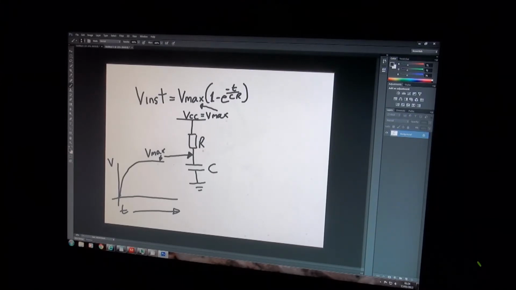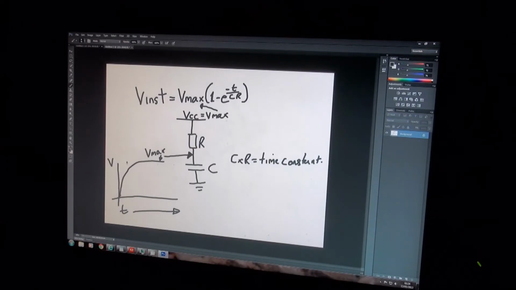In any circuit of this type, R and C form a relationship known as a time constant. C times R is equal to a time constant. And in our equation, it's this CR here which forms a part of the power to e.